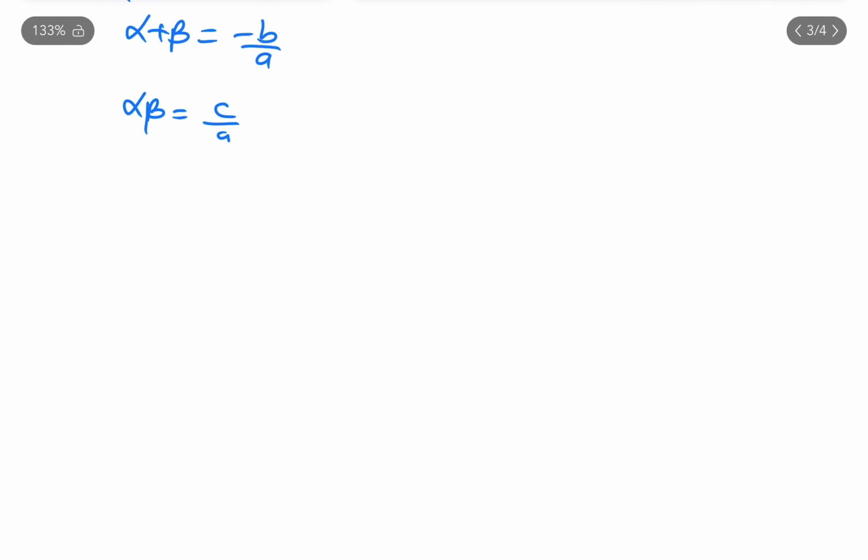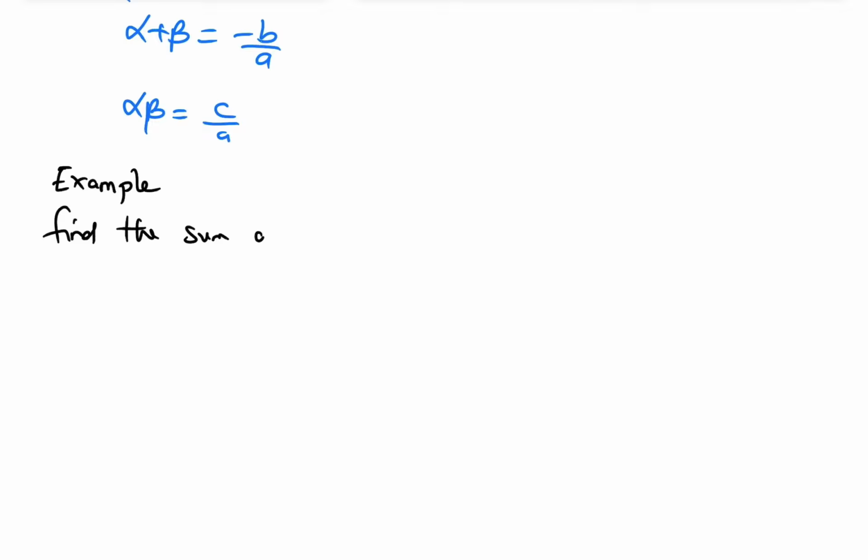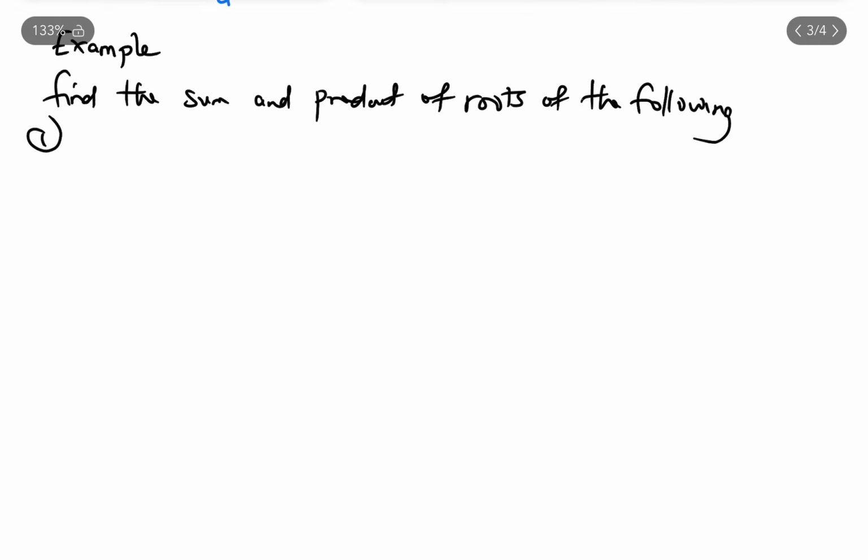Note all these things down. All right, let's take an example on this, so I won't make the video too long. Example: find the sum and product of roots of the following. The first one is 21x squared minus 7x plus 7 equals 0.